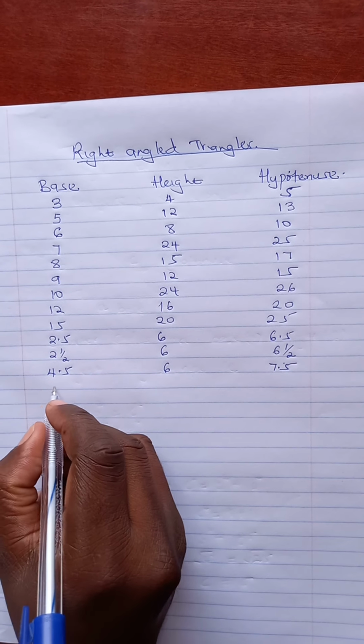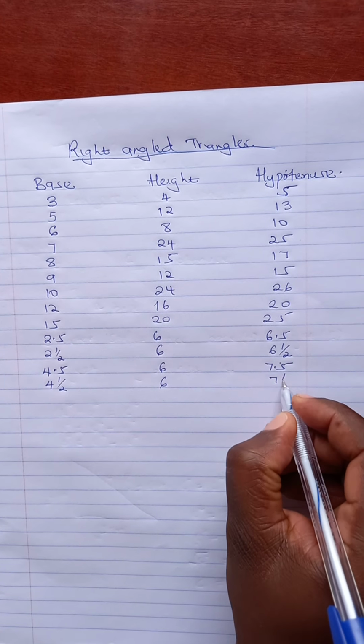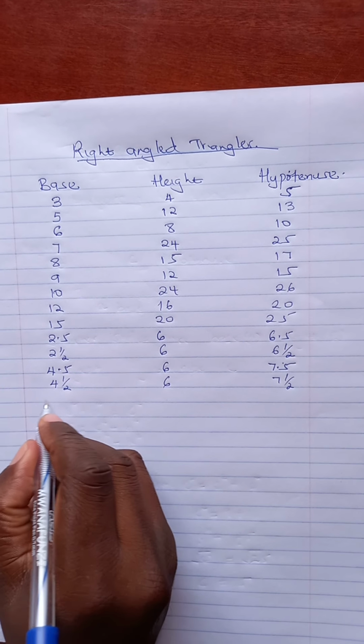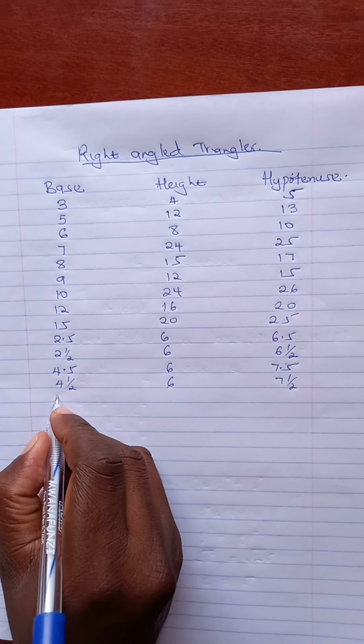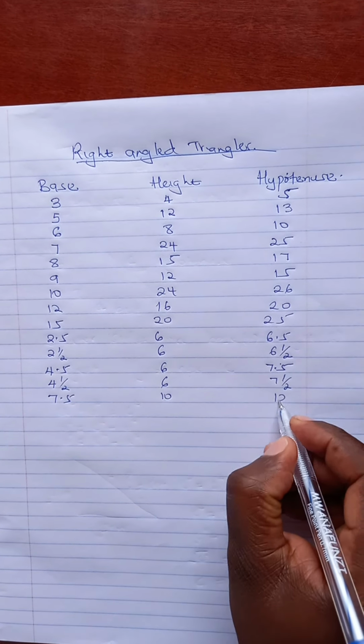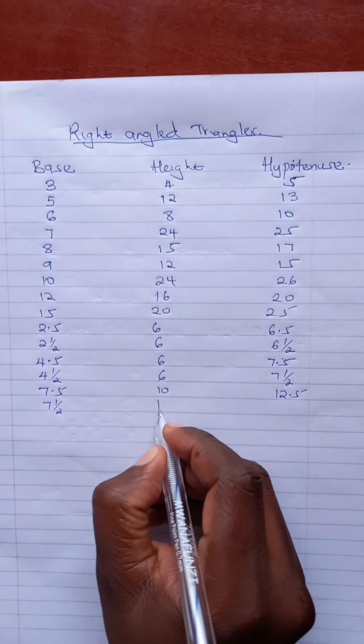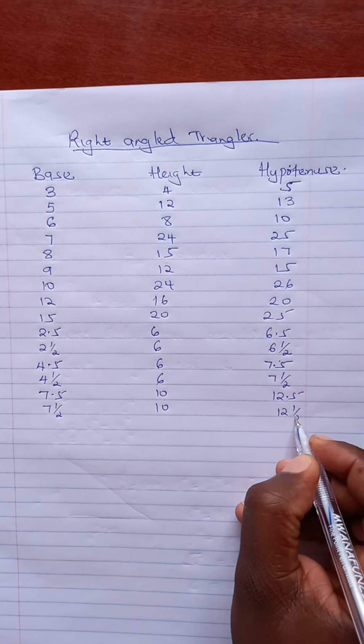In fractions, it is the same as 4.5, 6, 7.5. Lastly, we have 7.5, 10, and 12.5, which can be written as 7.5, 10, and 12.5.